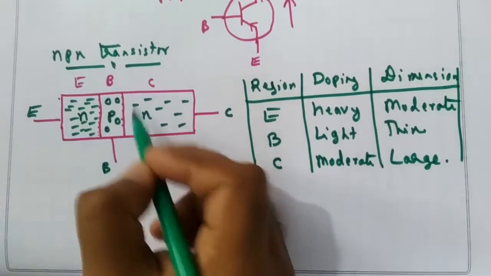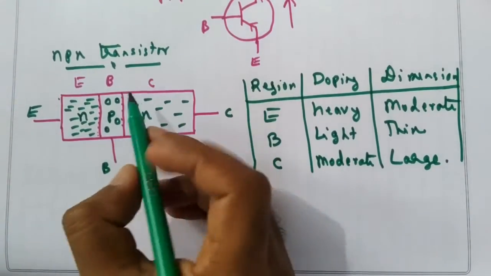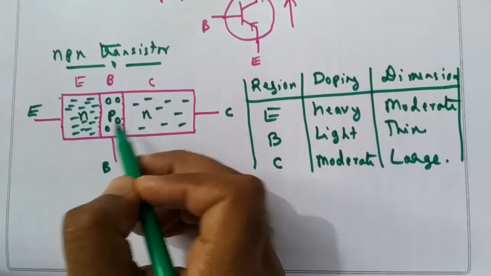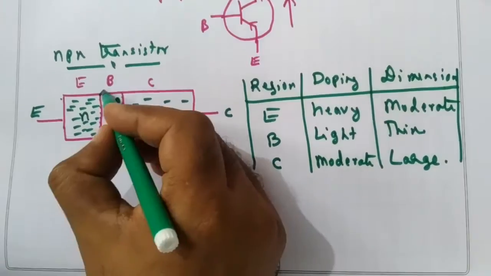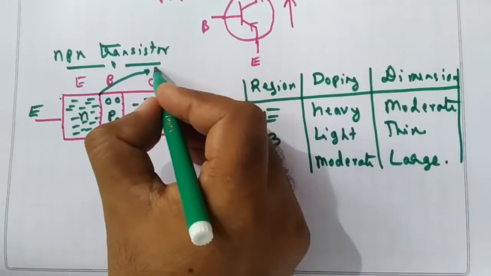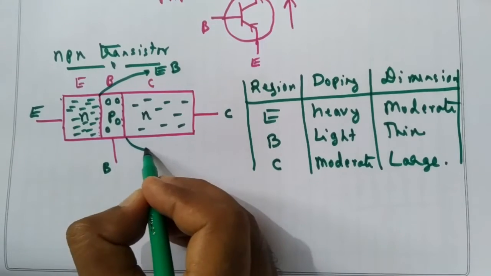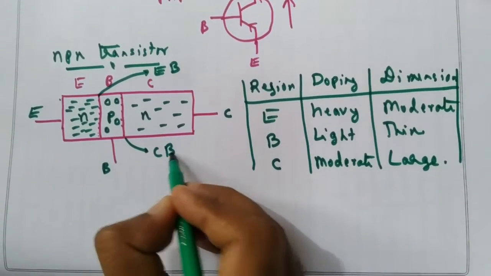So the number of charge carriers, that is electrons, is lesser compared to the emitter but more compared to the base. This junction is called the emitter base junction, and this junction is called the collector base junction.